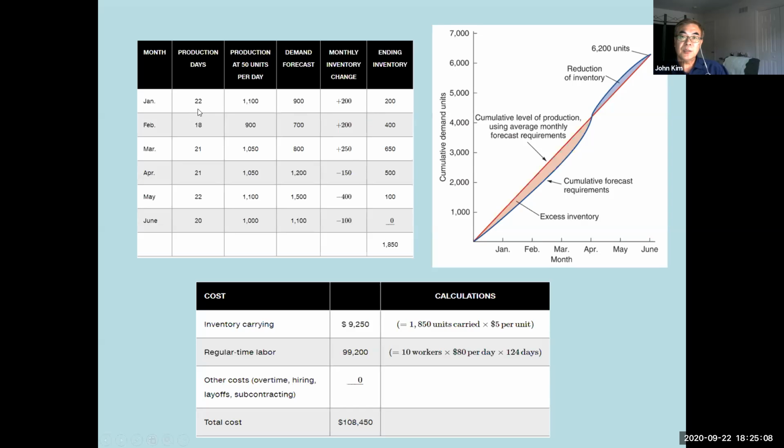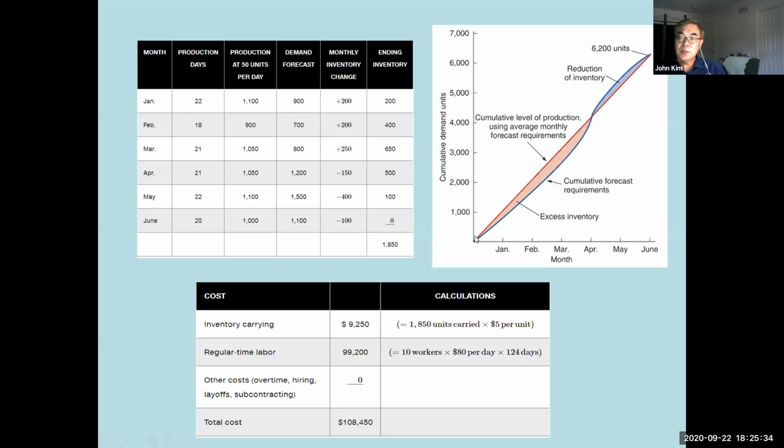So production day is 22, production 1,100 first month and so on, and then forecast demand. And then if we produce 1,100 in January, demand 900, then carryover inventory 200.